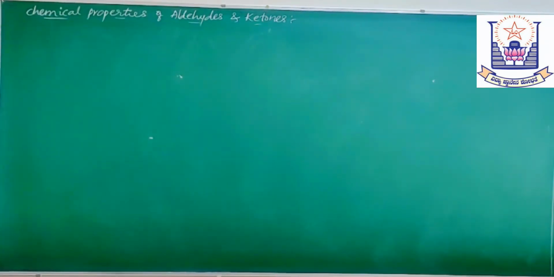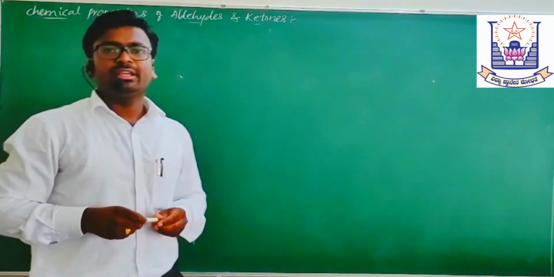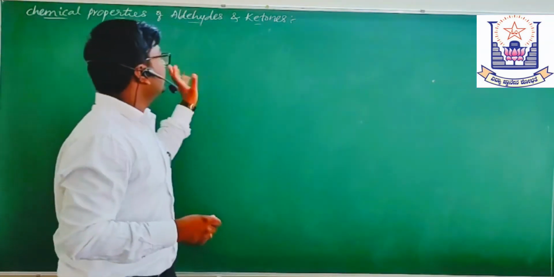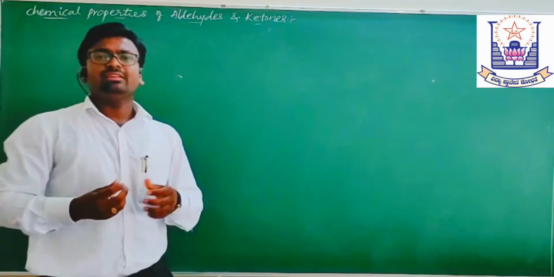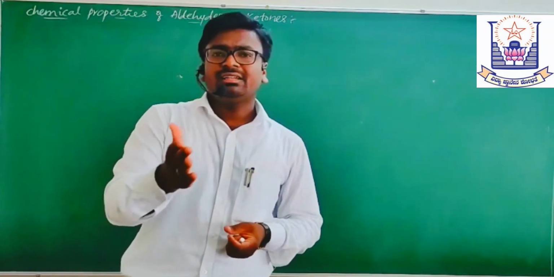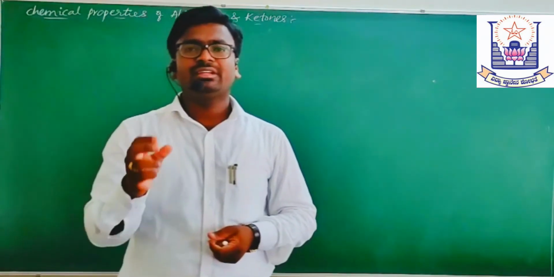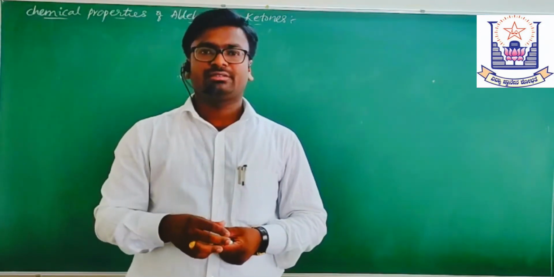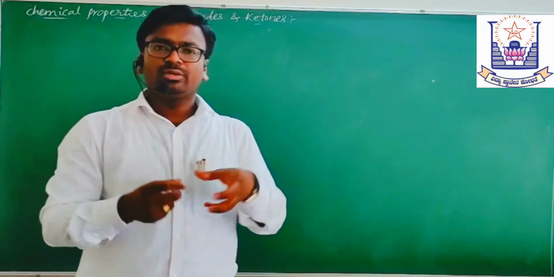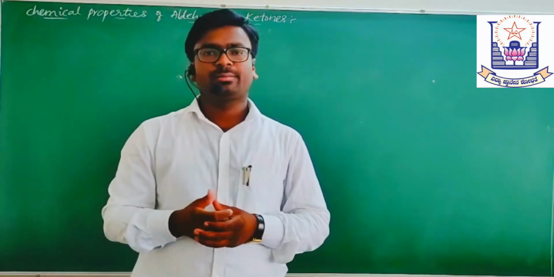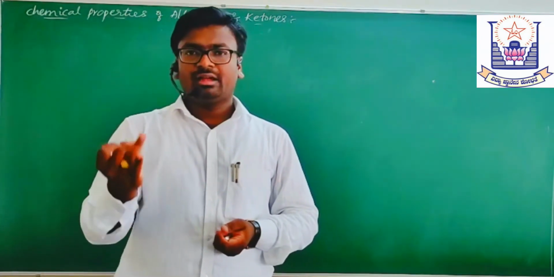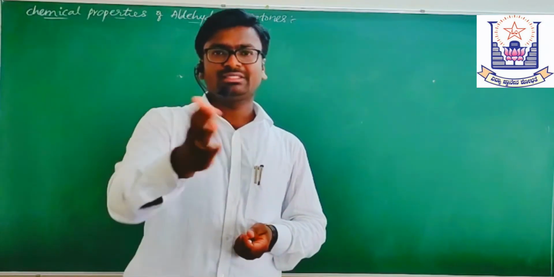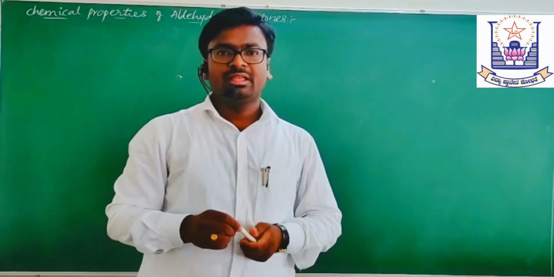Let us discuss the chemical properties of aldehydes and ketones. Here, aldehydes and ketones have very similar properties, which is why we discuss these two together. Aldehyde and ketone undergo similar types of reactions.